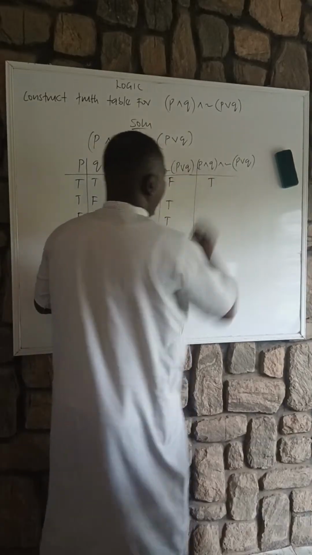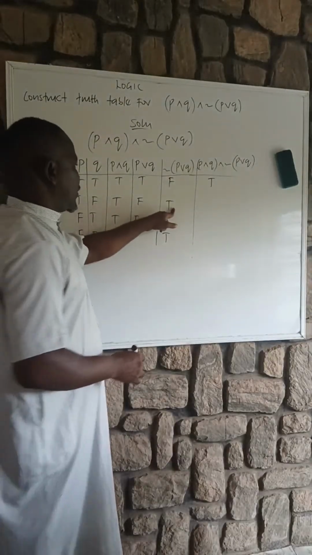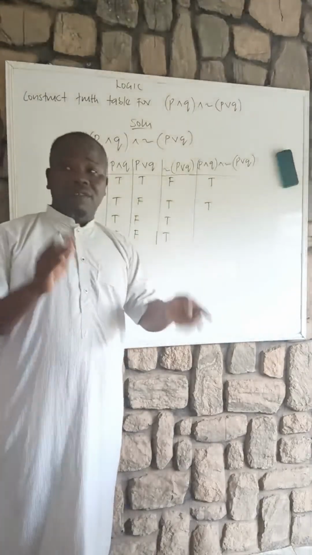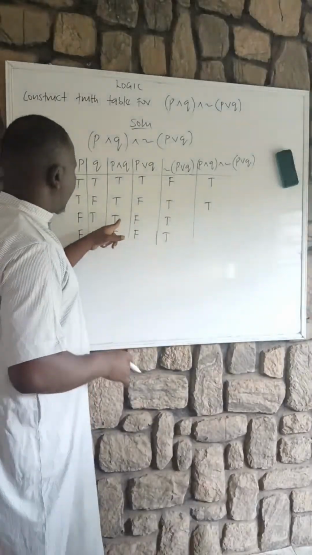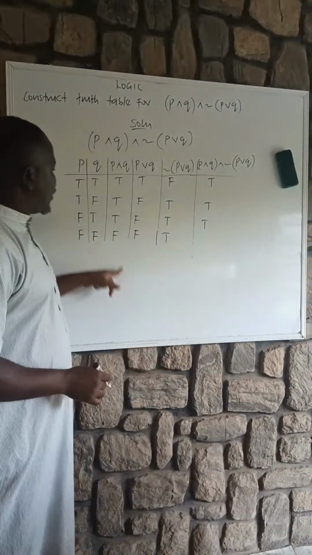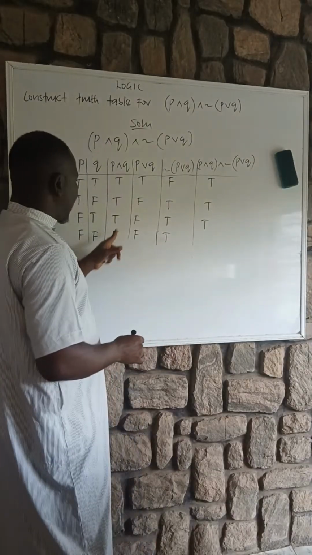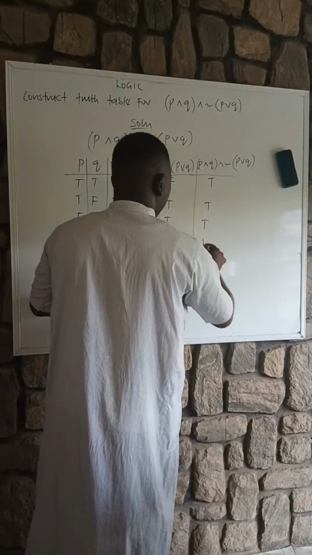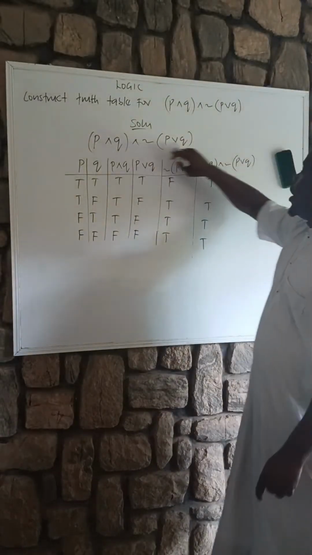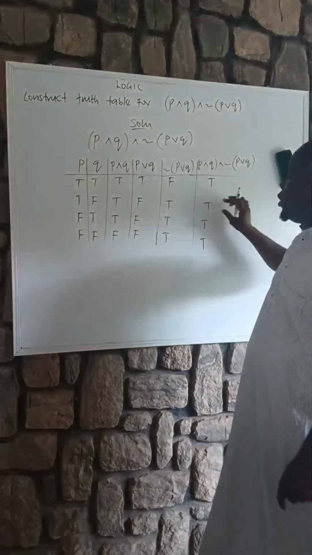T. True or false? Then TT is going to give us T. Then FT is going to be what? T. And you can now see that this results in TTT, and this is known as what? Tautology.